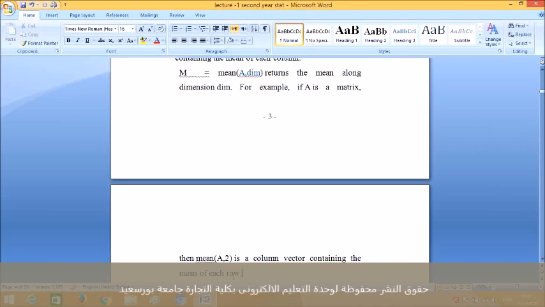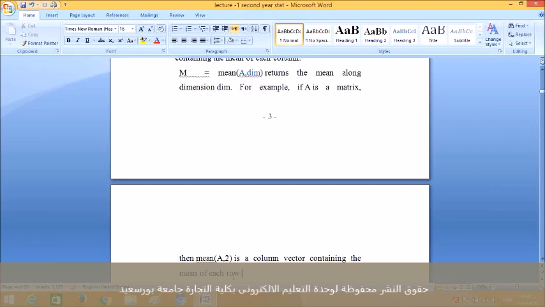The result when using dim equal 1, or mean of A only without dimension, will be in the shape of a row containing elements. Every element represents the mean of one column.